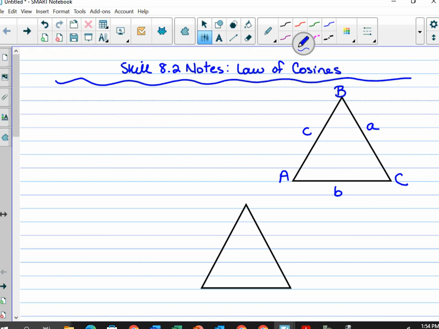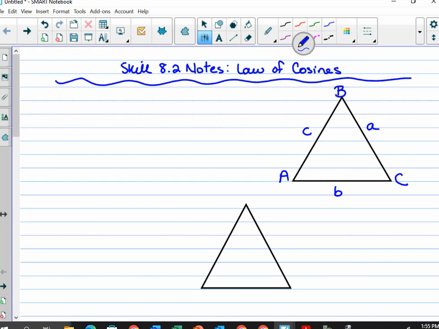Okay, guys, when we talk about triangles here, I've labeled this triangle ABC. The angles are going to be capital letters, and the sides are the lowercase letters, and each goes directly across from its angle.